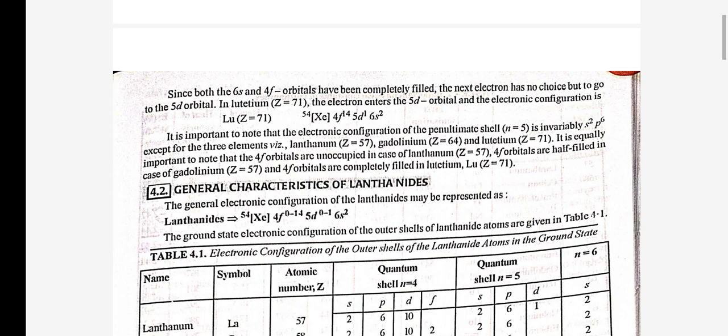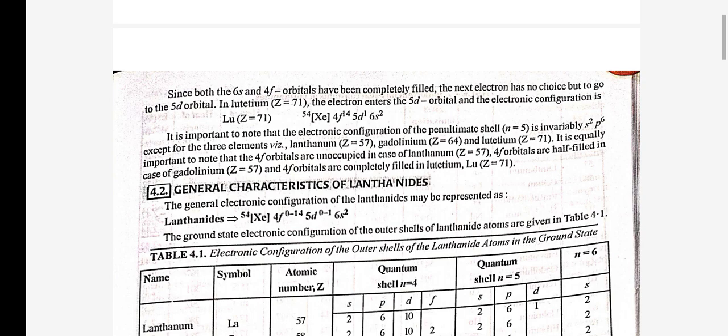It is important to note that the electronic configuration of the penultimate shell is invariably 5s2 5p6 except for lanthanum, gadolinium, lutetium. It is equally important to note that the 4f orbitals are unoccupied in the case of lanthanum, half filled in the case of gadolinium, and completely filled in lutetium.